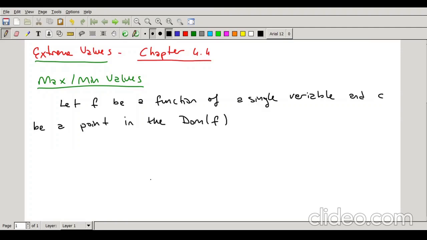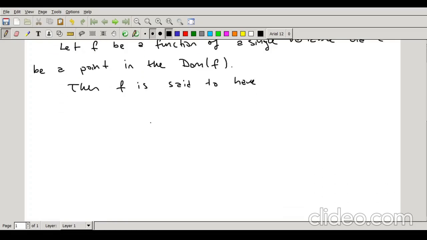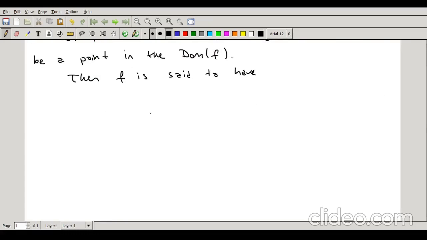Let me show it by this notation. Then we say the following: then f is said to have. So here are the types of maximum and minimum values that f may have.